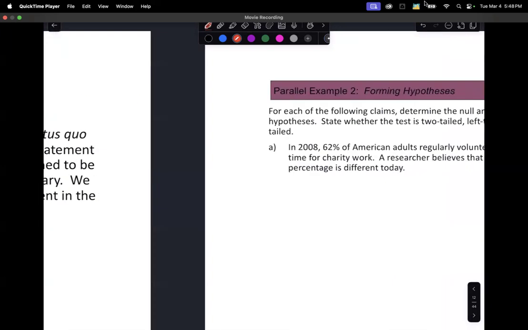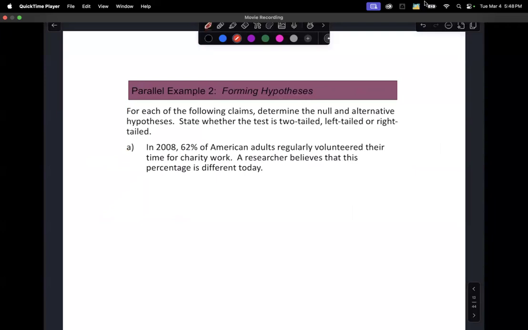let's move on. Okay, so let's talk about what the null and the alternative hypotheses are, and let's talk about two-tailed, left-tailed, or right-tailed. The next screen will give you the answers, but we're going to work through them together and I'm going to write them here because it's what I do.